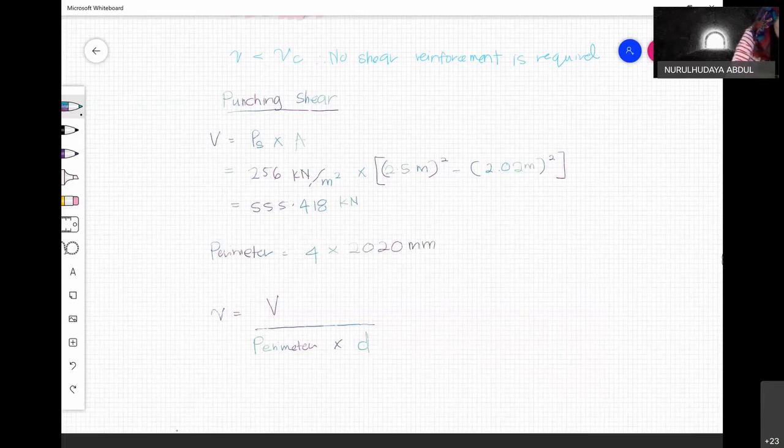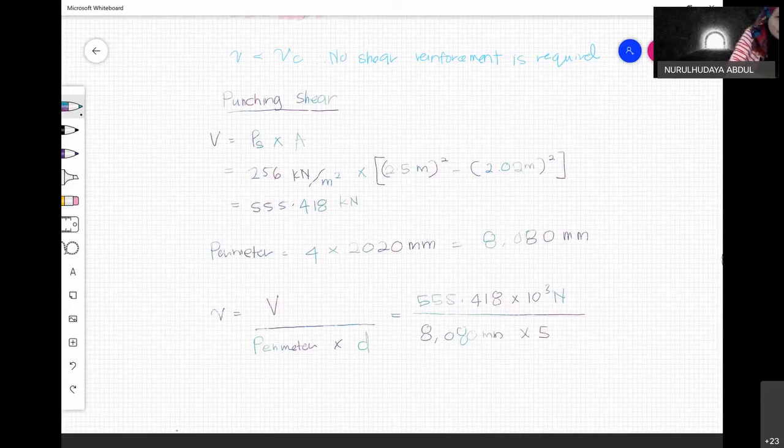Okay, so you akan dapat 555.418 times 10 power of 3 Newton divide with the perimeter, or panjang lilitan, darab dengan D. D is 540 mm. 0.127. Okay, betul. Thank you. So 0.127 Newton over mm.